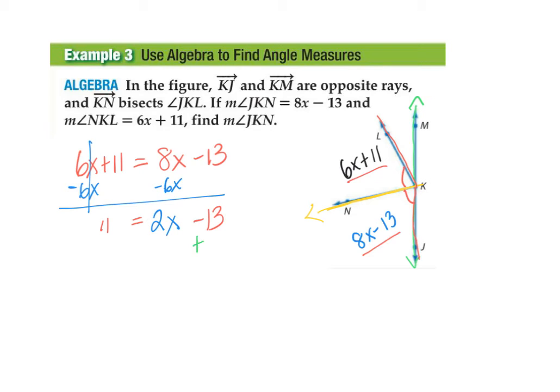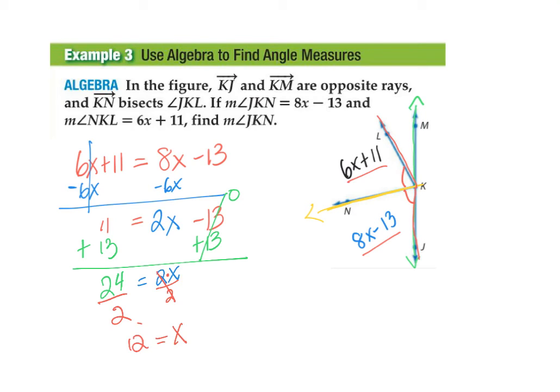Now I'm going to add 13 to both sides. So negative 13 plus 13 is 0. And then 11 plus 13 is 24. And now 2x, to get x by itself, I need to divide. So I have x equals 12.